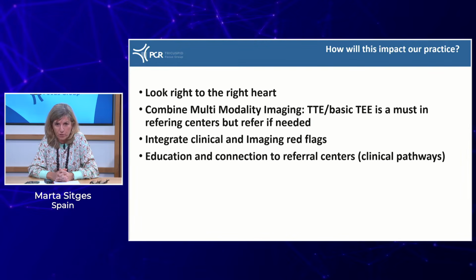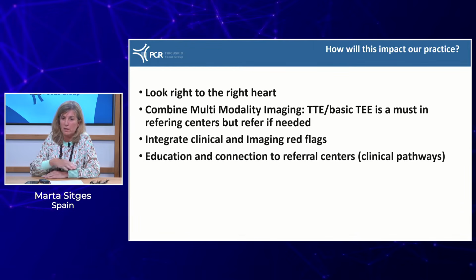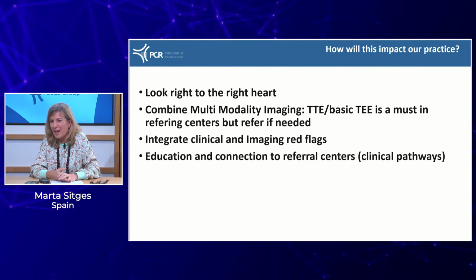Transthoracic is, of course, the first imaging tool that should be performed initially in referring centers, and then we refer for more advanced imaging in heart valve centers, integrating clinical and imaging red flags. And for sure, there is a lot of education and connection to referral centers that needs to be done in the community, building clinical pathways. And this is why we are still trying to answer when and who.